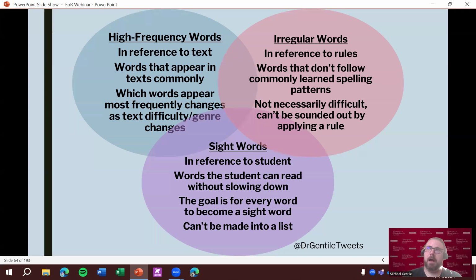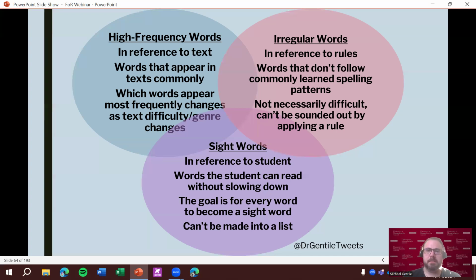So IR is irregular until we've taught them the rule, and then it becomes regular. So things can move in and out of this as well. We have words that are high frequency and irregular, and then we have words that are just irregular. Lastly, and in some ways most importantly, are sight words, and this is the one that gets most commonly misused.